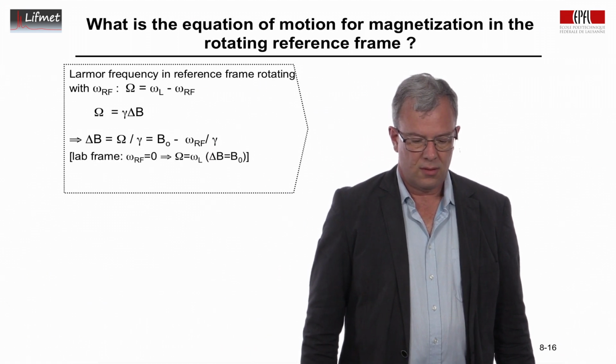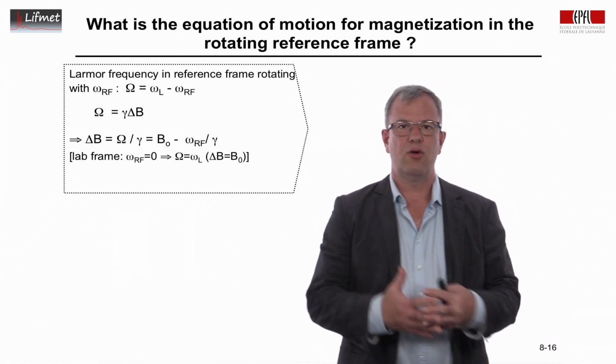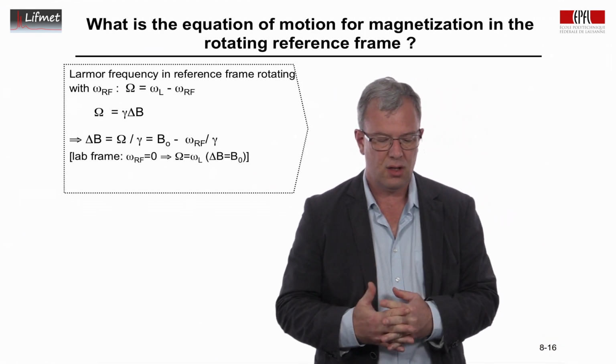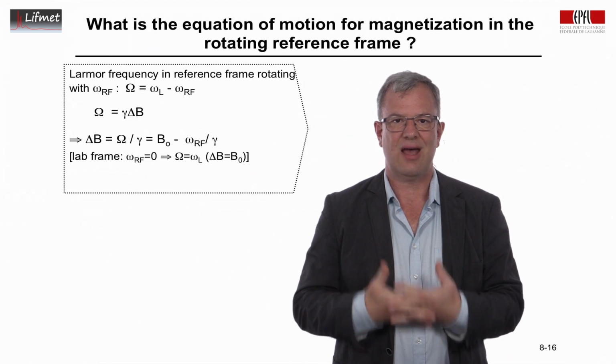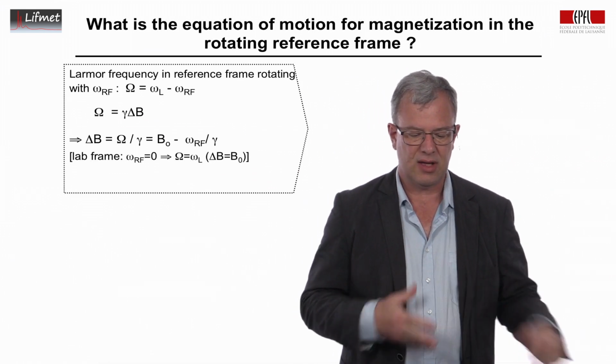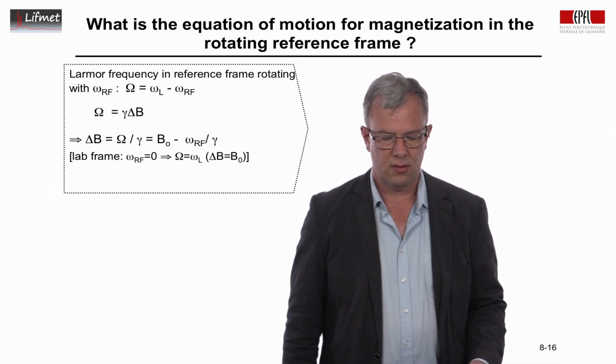So, in the lab frame, where our rotating frame does not rotate, omega RF is 0, and the Larmor frequency that we observe in that reference frame is equal to omega L, and delta B is equal to B0.